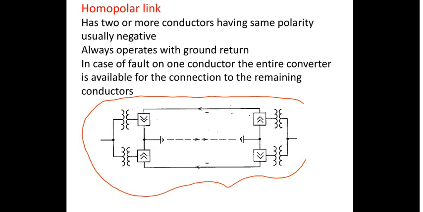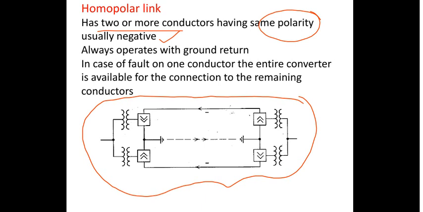The homopolar link has two or more conductors with negative polarity, and it always operates with earth or metallic return.